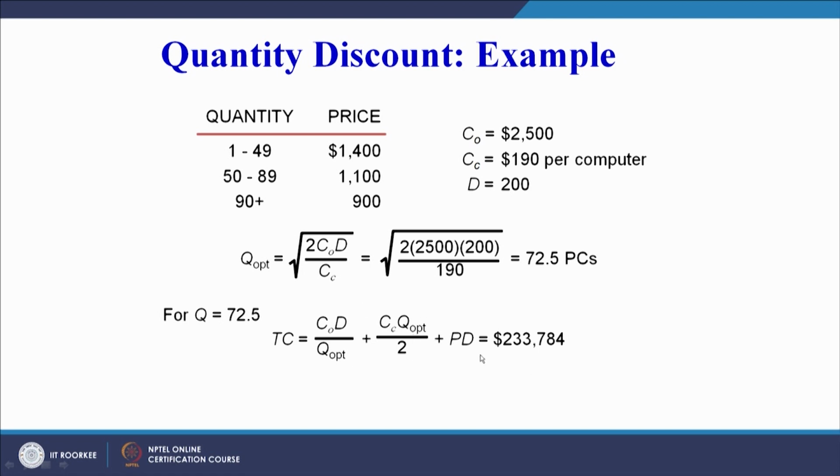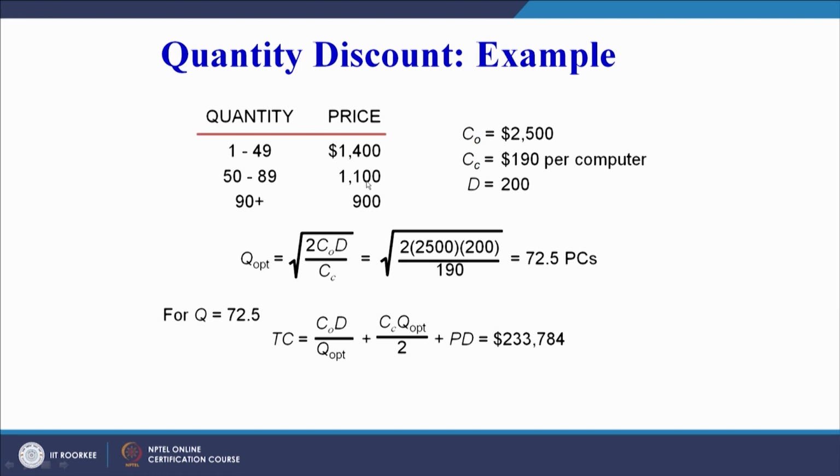So if we calculate, it is $233,784. So this is the total cost. But if we do the calculation, we can see that Q is 72.5, the price P we will take is $1100.